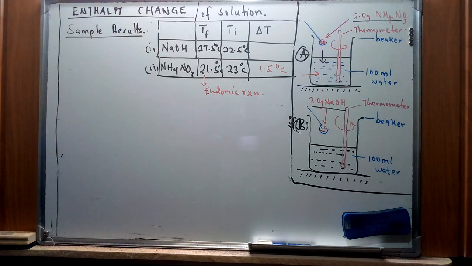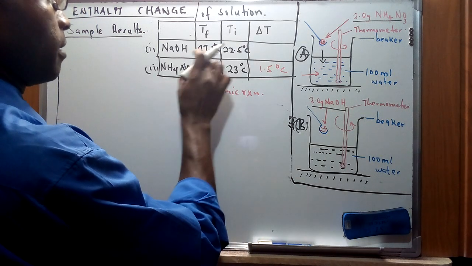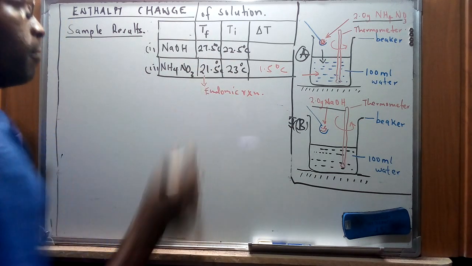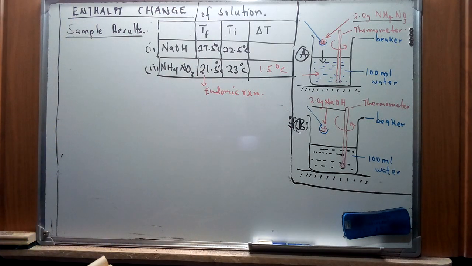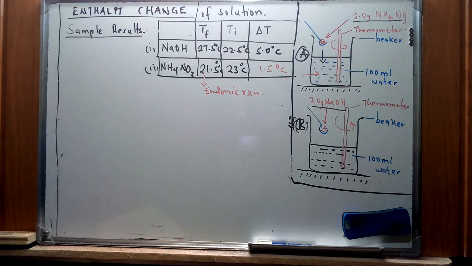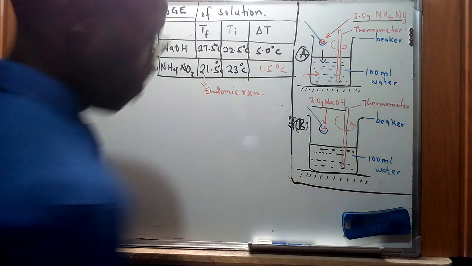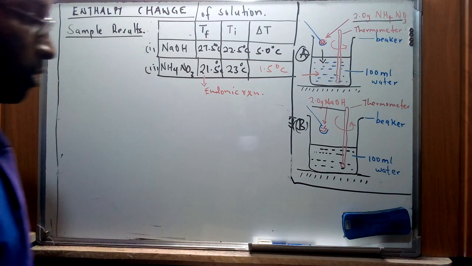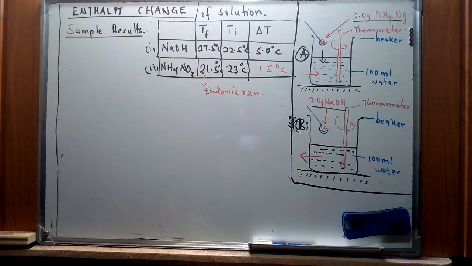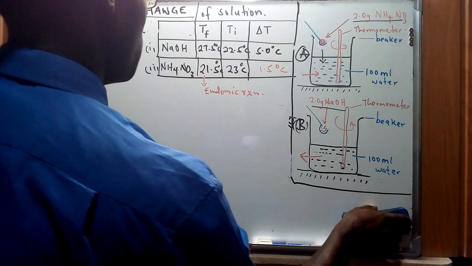So in this case, we're seeing a reverse of this particular case happening, whereby there's an increase in temperature from 22.5 to 27.5, and therefore the change in temperature in this case was 5 degrees centigrade. There was an increase in temperature in the surrounding. So therefore, which means heat was evolved or dissipated from the system to the surrounding. We can just use that arrow to imply loss of heat from the system to the surrounding.